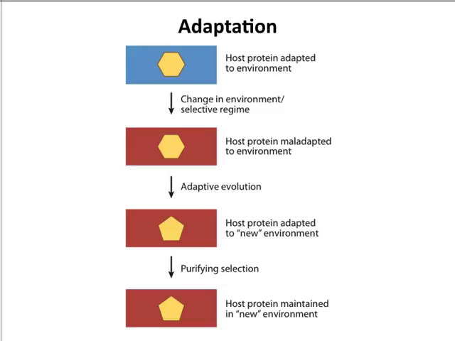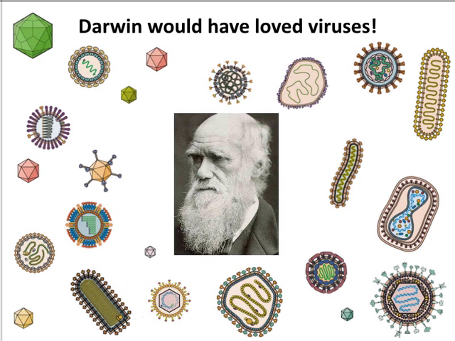So this is how we understand that evolution occurs in multicellular organisms, in unicellular organisms, and it happens the same way in viruses. In fact, Darwin would have loved viruses. He didn't know about them, of course. He worked before they were discovered and understood as entities. But today, viruses are the ultimate expression of evolution.